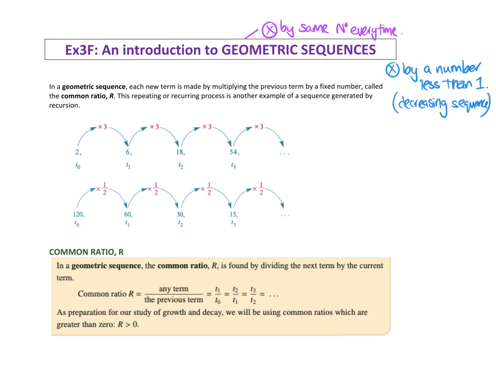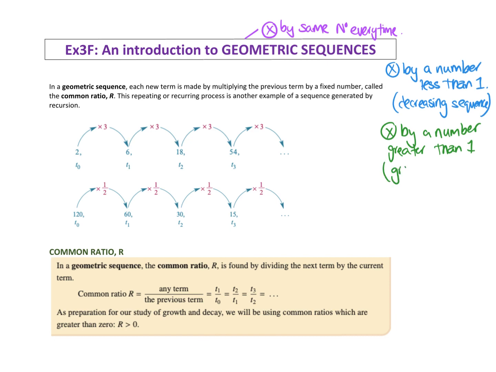And then if you multiply by a number bigger than 1, so, you know, 1.1 or 2 and so on, you'll have growth. It's going to be a growing sequence.